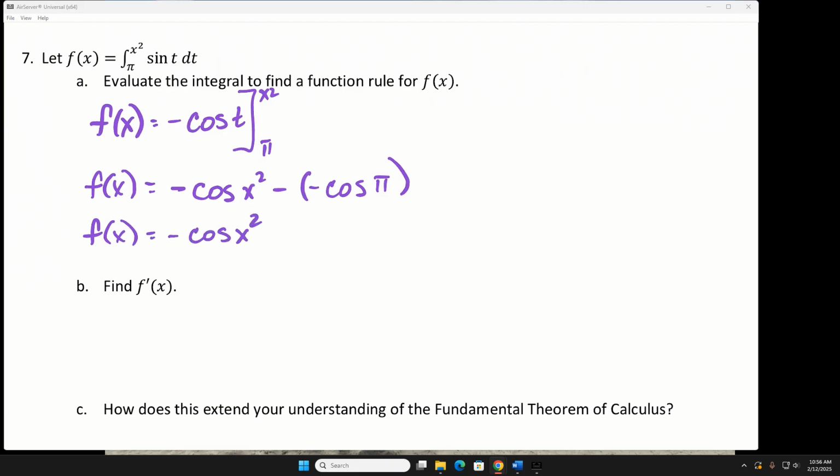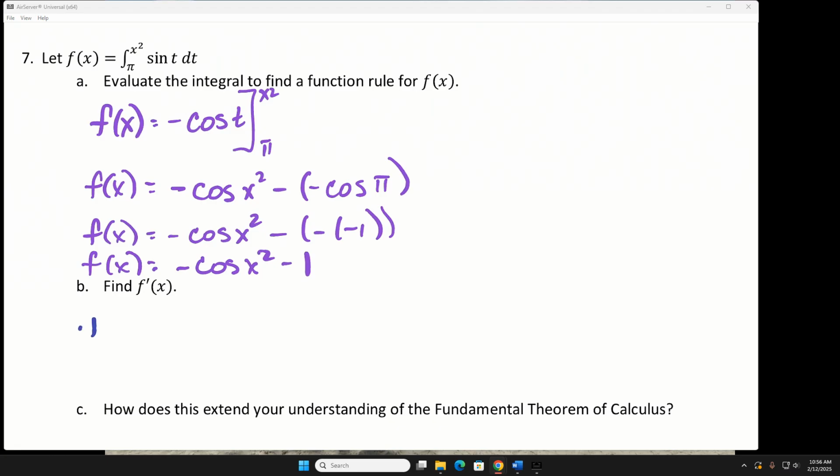All right, and then what is the cosine of pi? Gosh, that's so many negatives. There's going to be a negative 1 in the end. So that is a way that we can represent f of x.